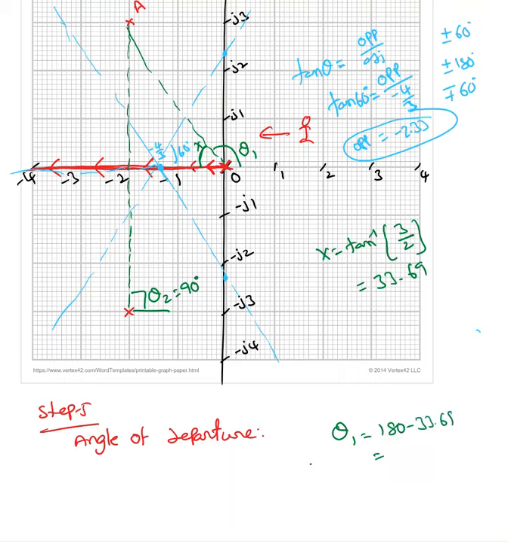That value equal to 146.31, so theta 1 equal to 146.31, theta 2 equal to 90 degrees. So to find the angle of departure at A, equal to 180 minus theta 1 minus theta 2. This is the formula for angle of departure.